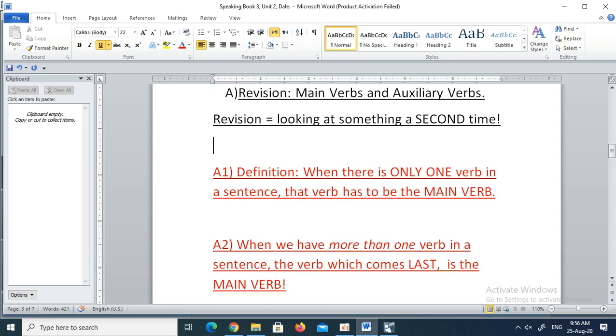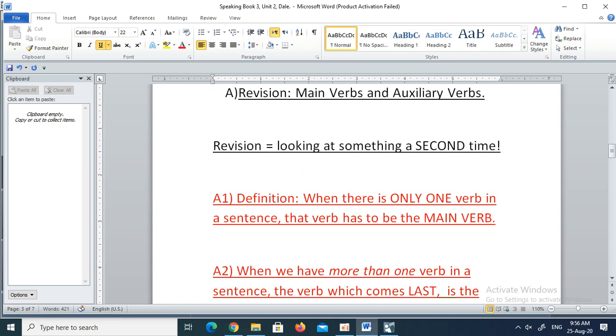So when you revise, you go over something that you already know just to refresh your memory. All right, what we are revising today are our main verbs and our auxiliary verbs. So, to start our revision with a few definitions.